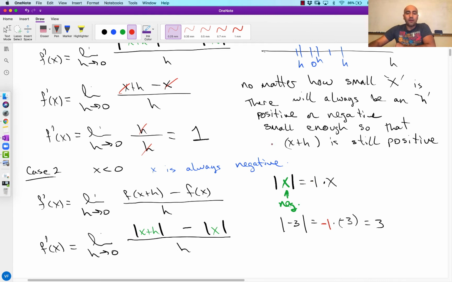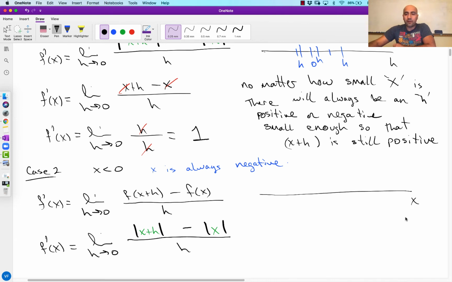Okay? All right, and likewise, just like before, we know that x is going to be some negative number, and no matter how close it gets to 0, there will always be an infinite set of values between that number and 0. So here is the number line for x.